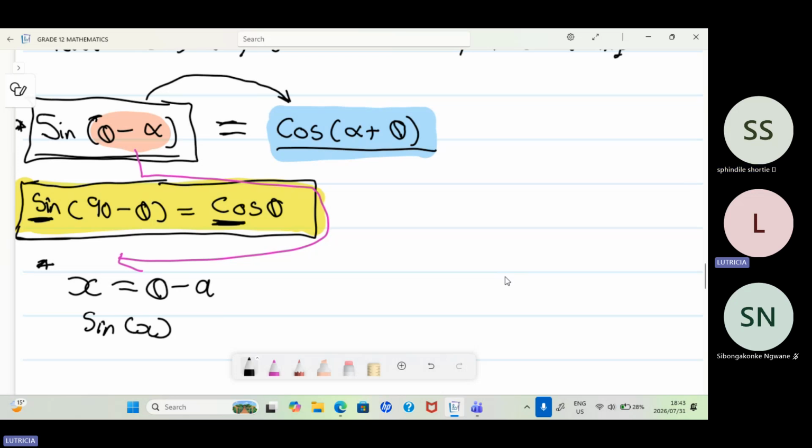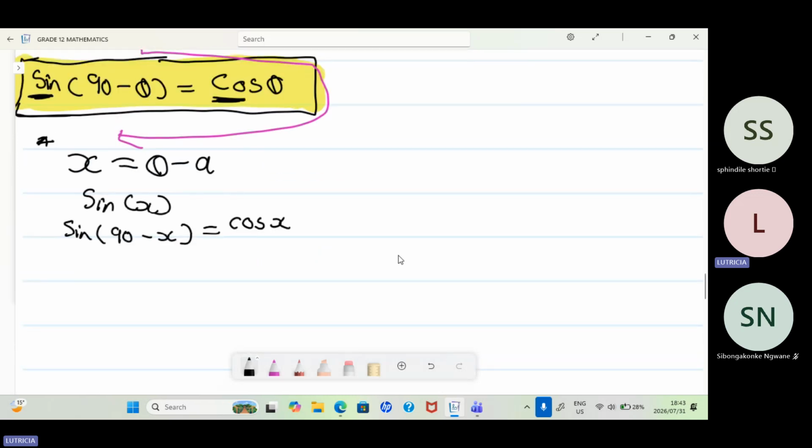Okay, so if we want to change this sine x into cos x, we're going to say sine of 90 minus x, and then it's going to give us cos x.